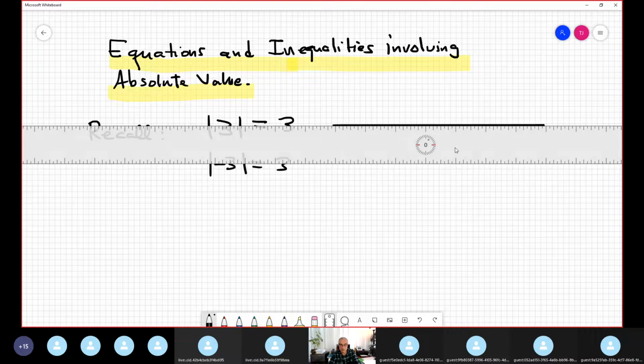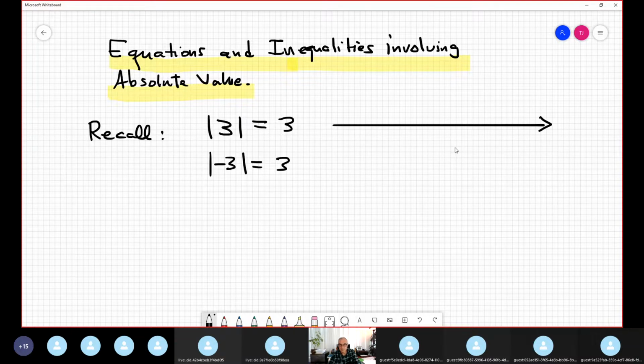Look, this is again our number line. This is 0 in the middle. 1, 2, 3, and negative 1, 2, 3. The interpretation is that absolute value indicates distance. The distance from 0 to 3 is 1, 2, and 3 steps.